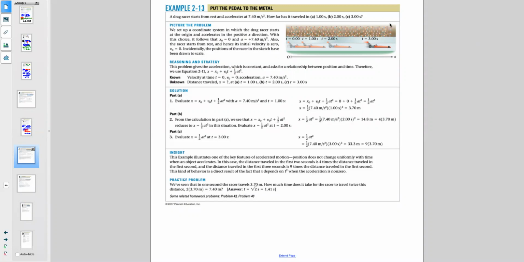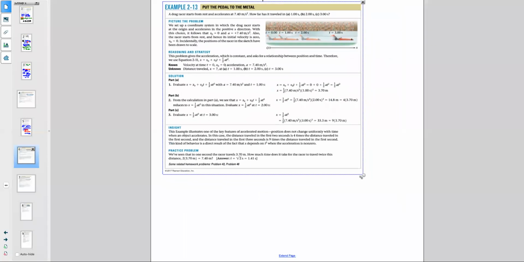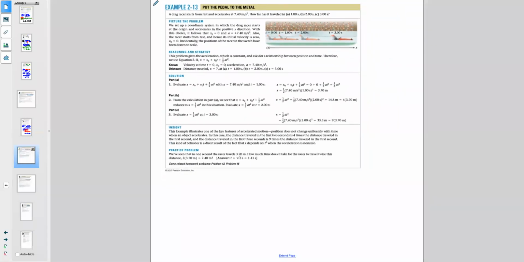Okay, now that you have paused the video, let me make this smaller. Now we have a race car here. Starts from rest. This is the key. That's why reading and understanding the problem is 50% of solving the problem.